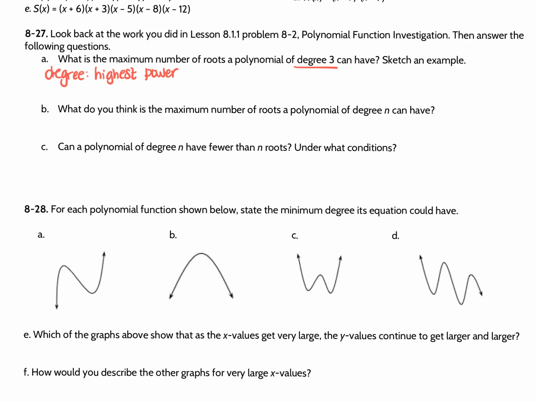The other thing that's important for us to make sure we remember, and I think most of us know this, is what roots are. Those are just your x-intercepts. So if we think about the number of roots a polynomial of degree 3 can have, then hopefully we remember seeing stuff like maybe this, or maybe even this.